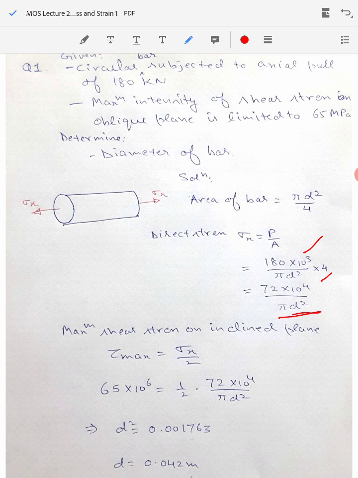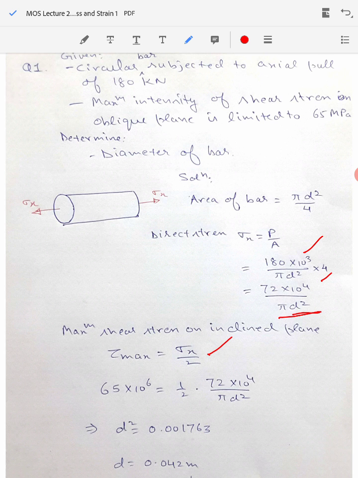Now the maximum shear stress on an inclined plane in case of a uniaxial loading is given by sigma x by 2. We have just calculated that the maximum shear stress value will be given by sigma x by 2. In case there are biaxial stresses, what is the formula? The formula is sigma x minus sigma y by 2, right?